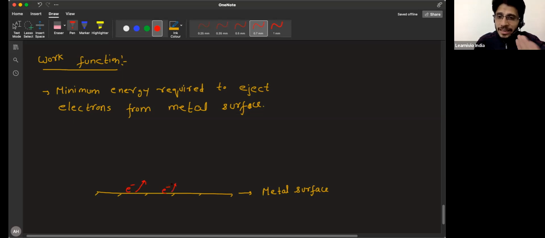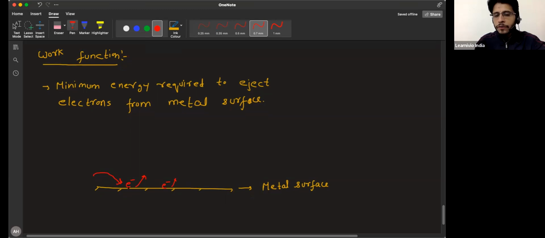So to eject electrons from the metal surface, you will provide some energy to the electrons. Basically, electrons are not free. These electrons of the metal surface are bounded by the metal. So the minimum energy that can remove these electrons from the metal surface is the work function.